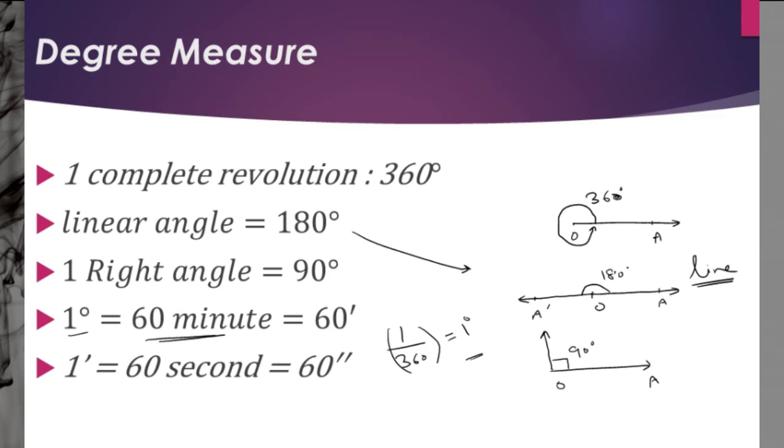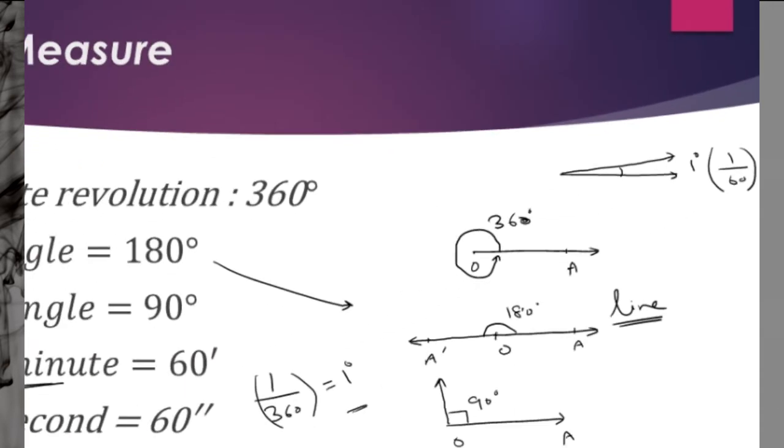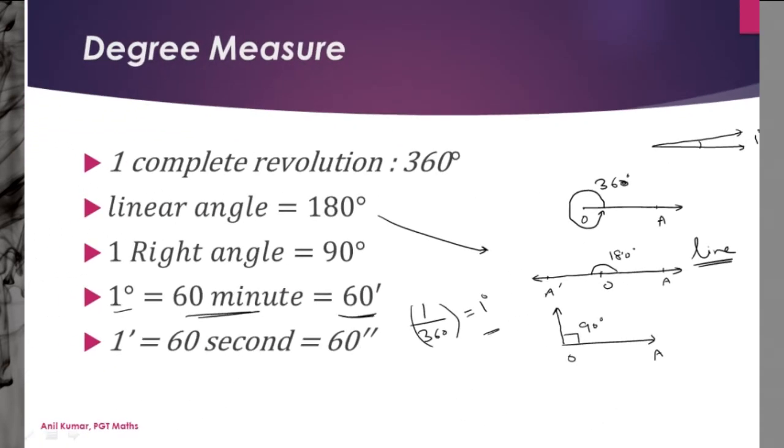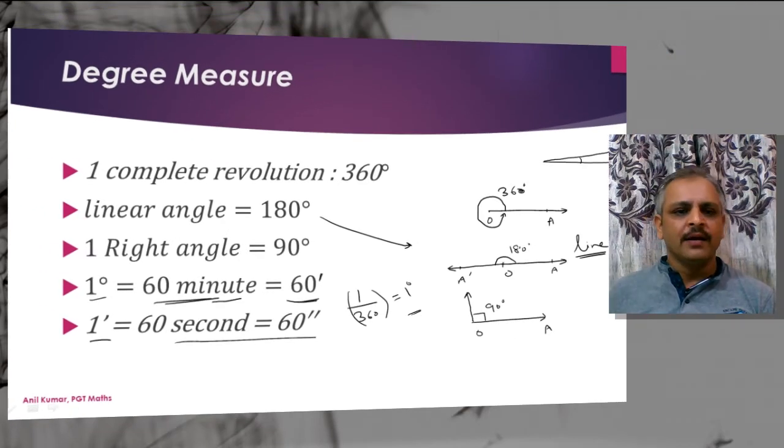For example, if I divide 1 degree into 60 parts, then its 1/60th part will be equal to 1 minute. So 1 degree is equal to 60 minutes, and this is the symbol to represent the minute. And 1 minute is equal to 60 seconds. Dear children, these minutes and seconds are not the minutes and seconds we use to measure time. They are used exclusively for measuring angles in degree measure.